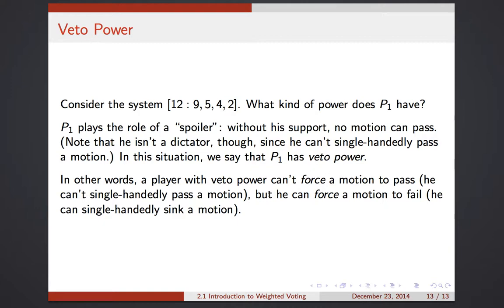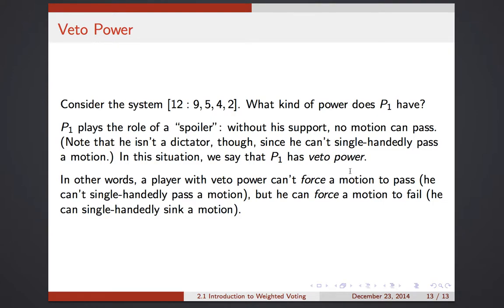So he can't force a motion to pass, but he can force a motion to fail. These three players here do not have the power to pass a motion on their own. They need player 1. So any passing motion must have player 1's agreement. The technical term for player 1 in this case is that he has veto power. So he's not as powerful as a dictator. He can't force a motion to pass, but he can force a motion to fail.